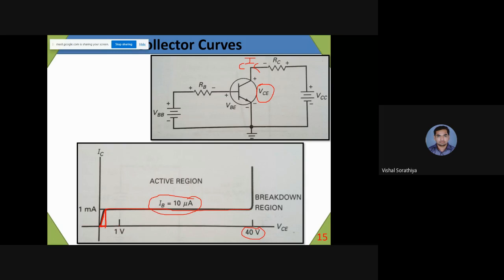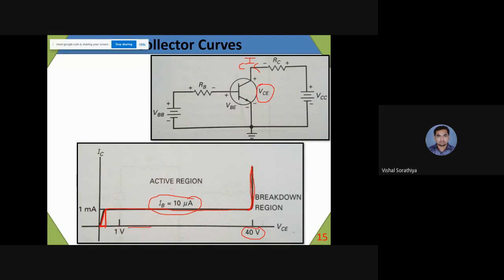And after a very high voltage is applied, it goes into the breakdown region, where your overall stuff breaks. We have considered three conditions in our overall calculation: active, saturation and cutoff. Where is the active region? Where there is a controllable flow: depending upon the voltage, it gives a fixed amount of current.